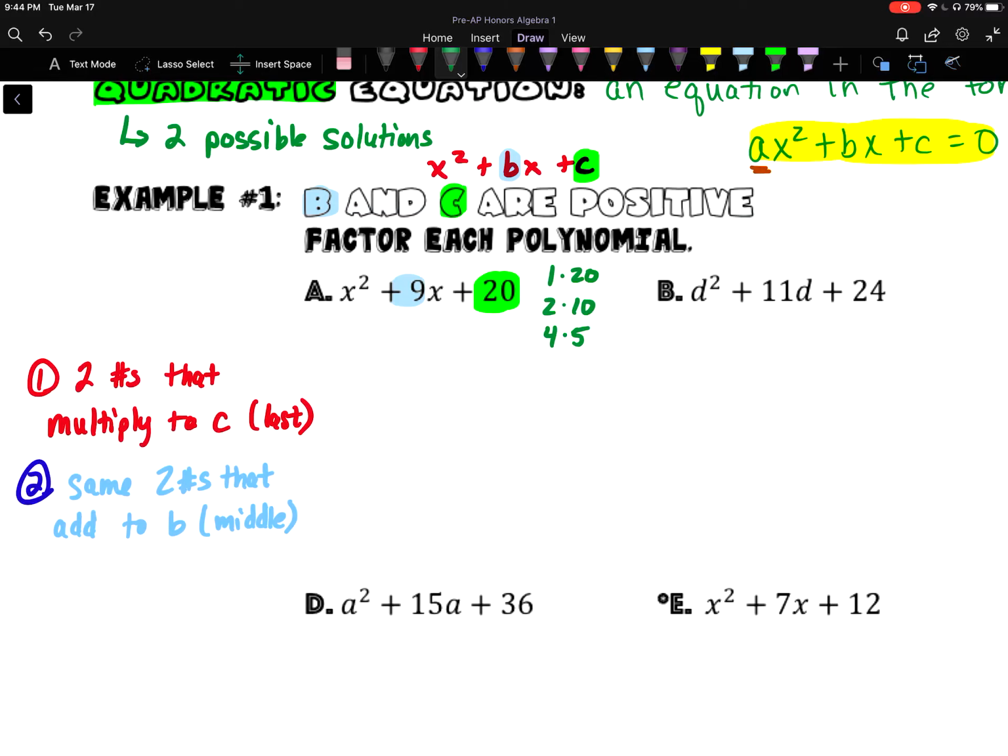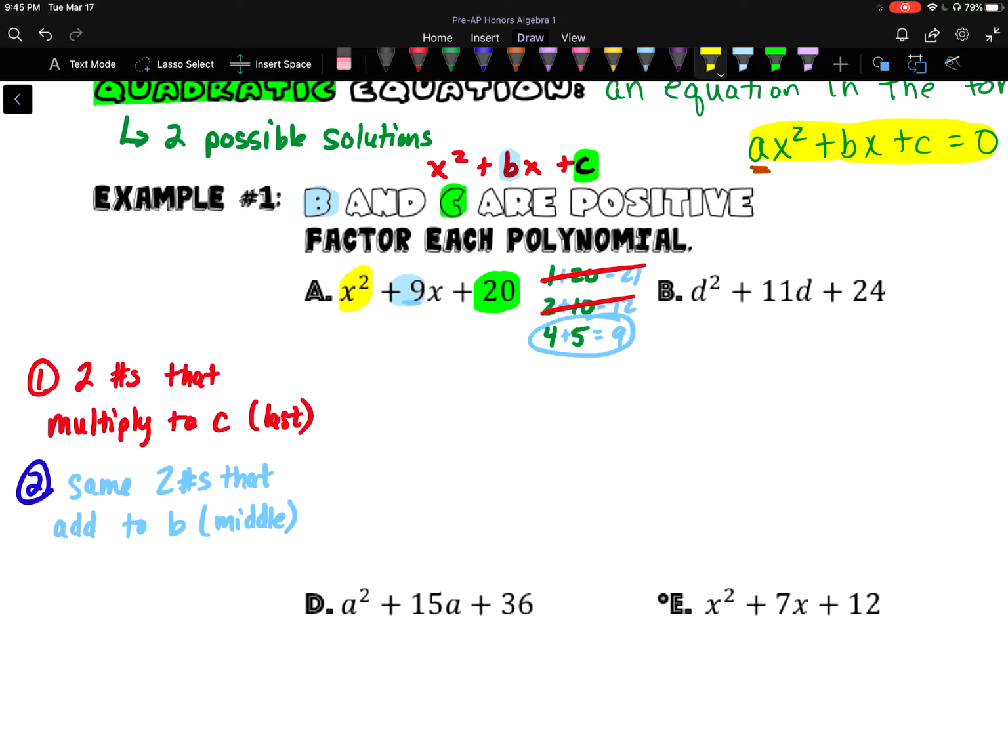So now I'm going to look to see, of these three sets of factors, which one is going to add to positive 9. Well, 1 plus 20 is 21, not equal to 9. 2 plus 10 is equal to 12, not equal to 9. 4 plus 5 is equal to 9. So this is exactly what I'm looking for.